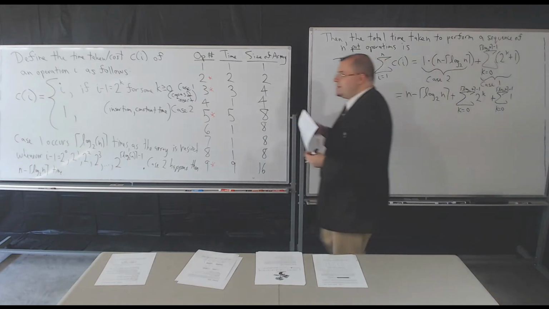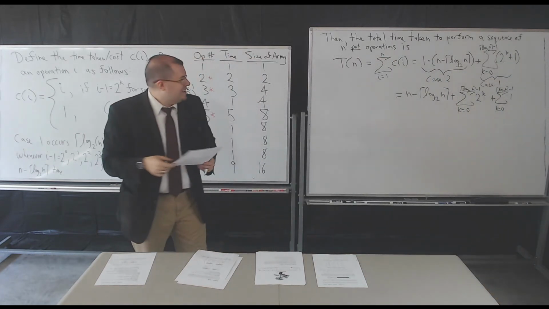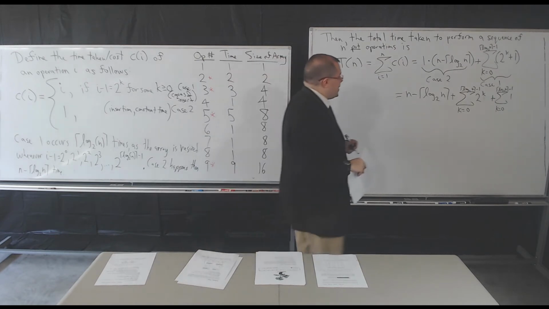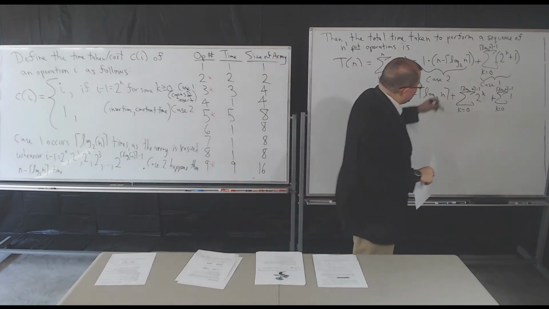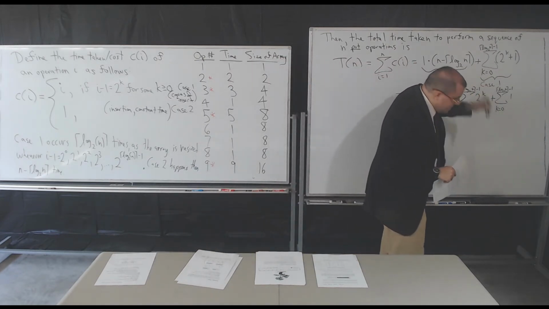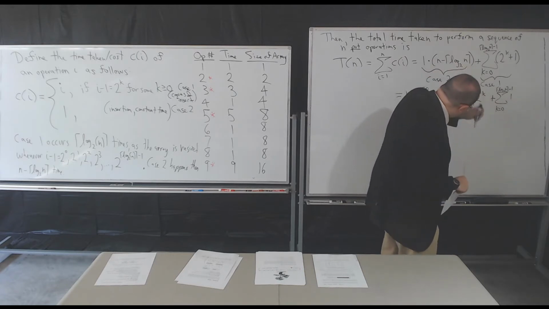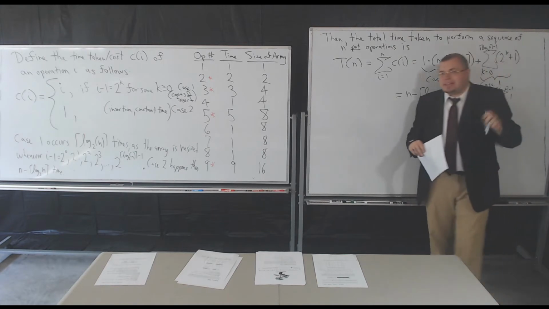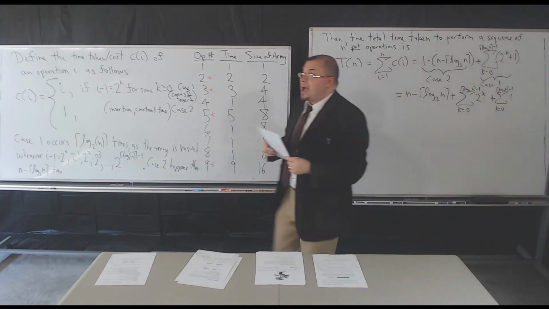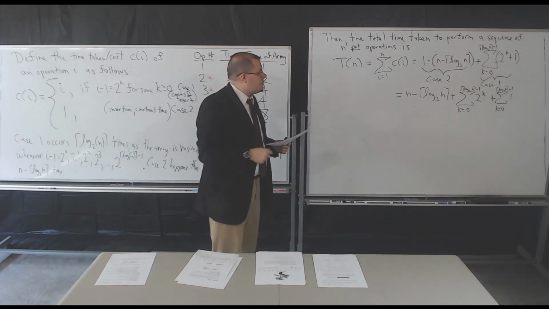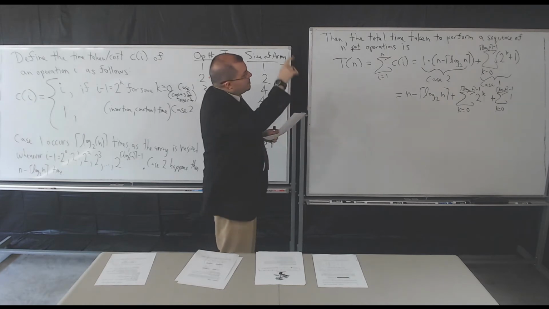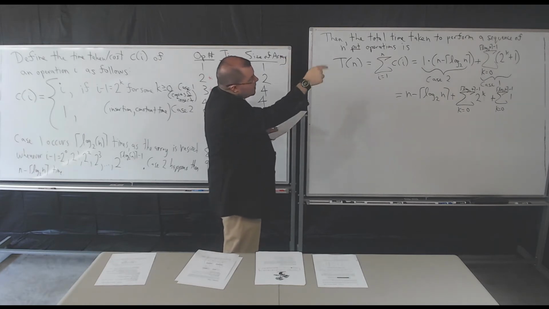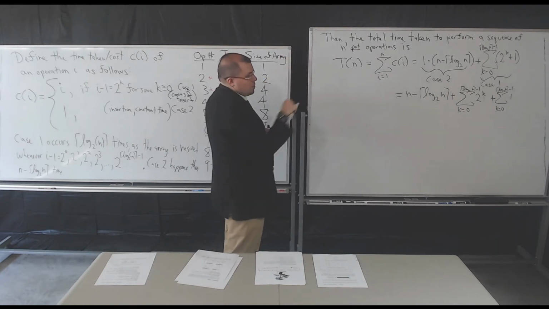So what's happening to that right summation? How many times am I adding 1? Okay, well, 0 is an object here. So I have 0, 1, 2, 3, 4, all the way up to the ceiling of log base 2 of n minus 1. How many times is that happening? How many times am I adding 1? Well, it's the ceiling of log base 2 of n minus 1 minus 0 plus 1.